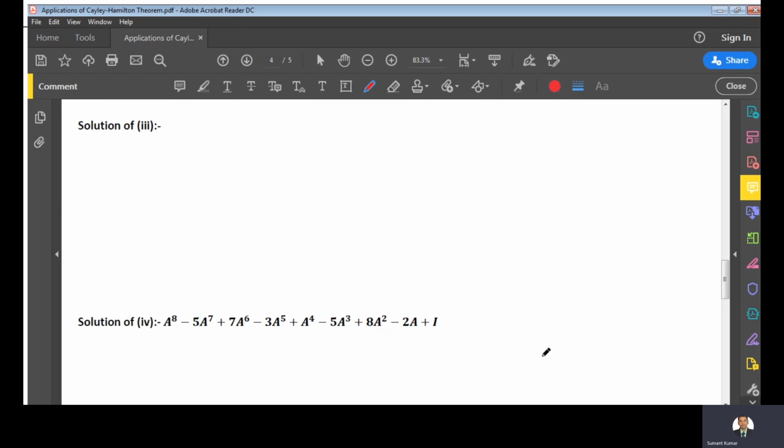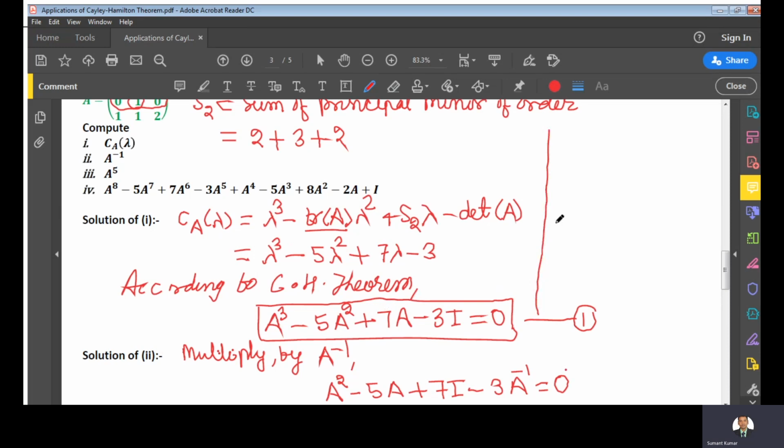So now, from this expression, A inverse will become what? When you shift this term to the right of the equation and divide by 3, you get A inverse equal to 1 by 3 into A raised to the power 2 minus 5 times A plus 7I.